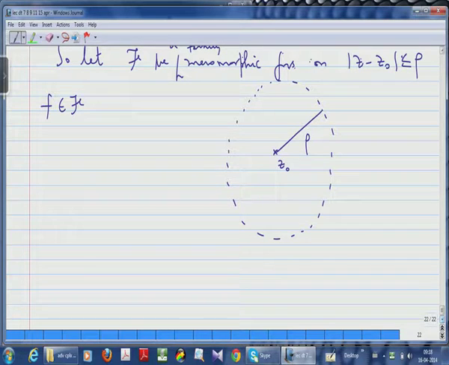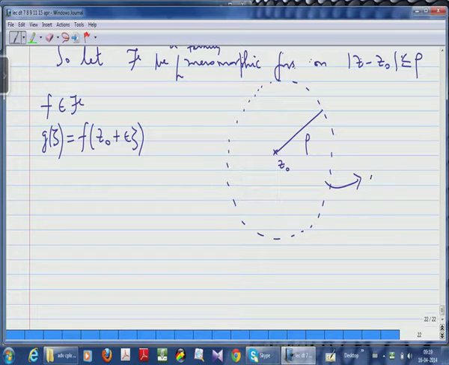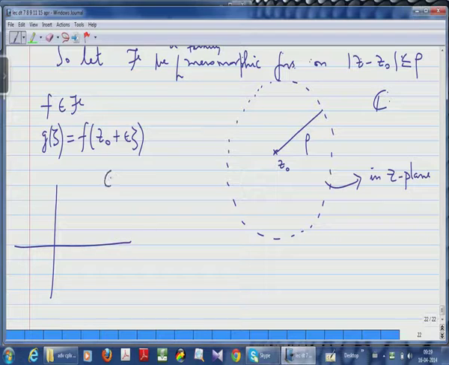For every function f in the family, I define g. This g is defined with the new variable zeta, as g(zeta) = f(z0 + epsilon times zeta). So this is the z plane, the variable here is z, and I have another complex plane, the zeta plane, where the variable is zeta.